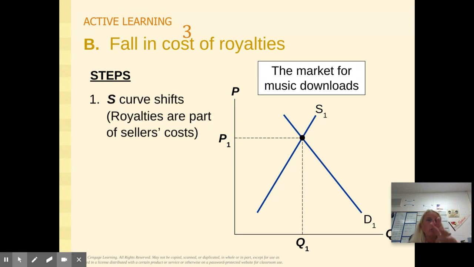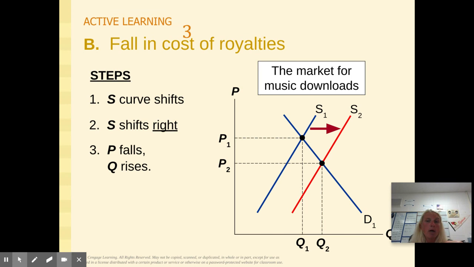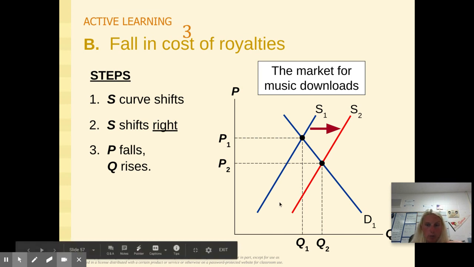Step two, now that an input cost of theirs has gone down, as a business owner, when your costs go down, you want to supply more. So your supply will shift to the right or increase. Step three, what happens to the new price and quantity? You can see quantity of music downloads increases from 1 to 2 and prices are dropping right here.